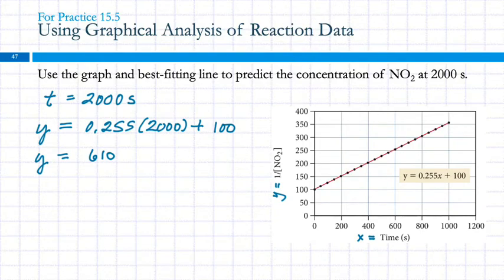It's off the chart. But y is equal to 1 over that concentration. So then the concentration, how do I figure that out? It's 1 over 610.